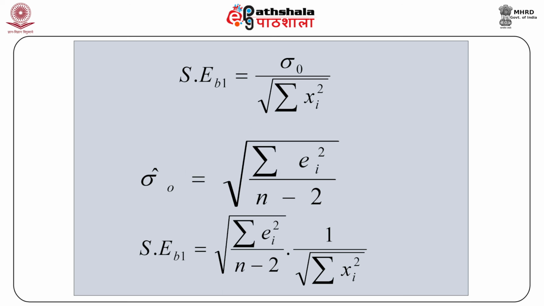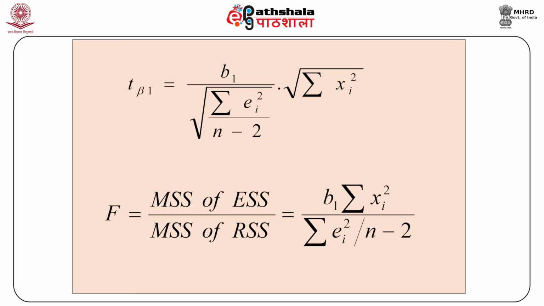Substituting in the above equation, SE(b1) is equal to the square root of sigma ei square upon n minus 2, multiplied by 1 upon the square root of sigma xi square. t(beta 1) is equal to b1 upon the square root of sigma ei square upon n minus 2, multiplied by the square root of sigma xi square.